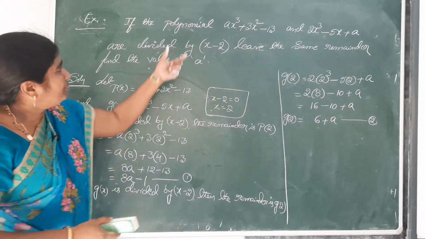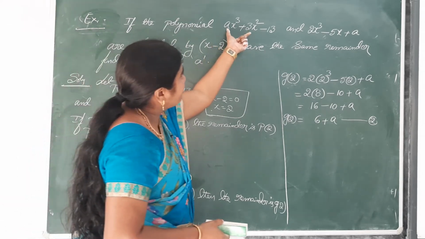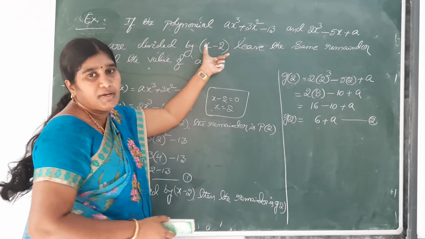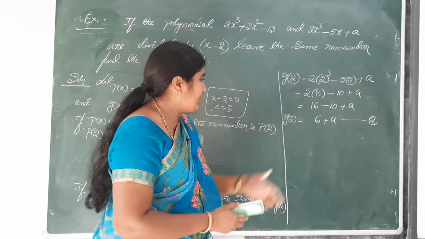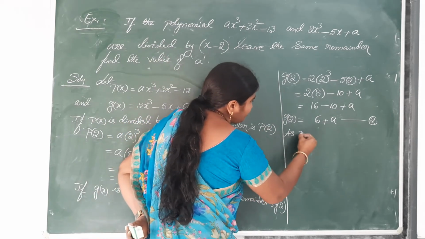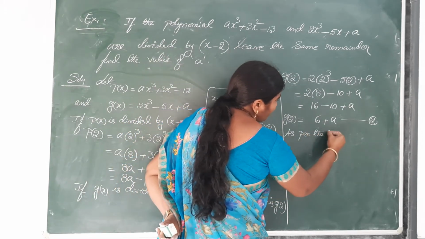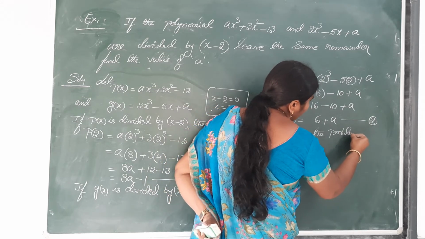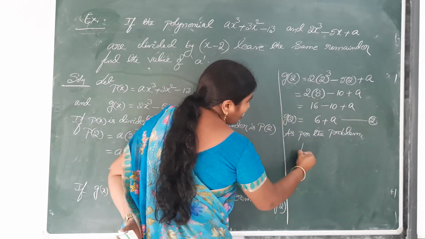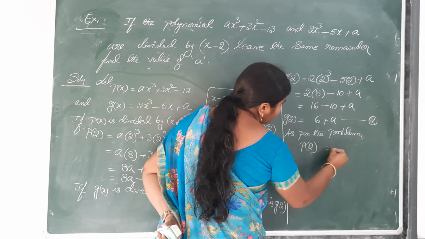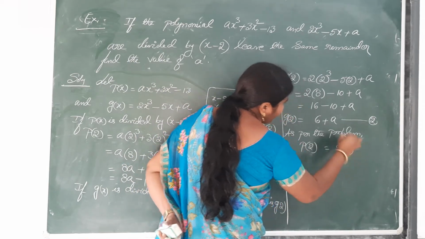As per the problem, p of x and g of x divided by x minus 2 leave the same remainder. So p of 2 equal to g of 2, the same remainder.